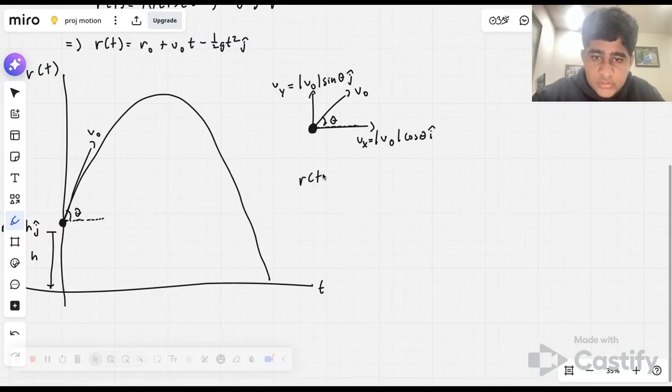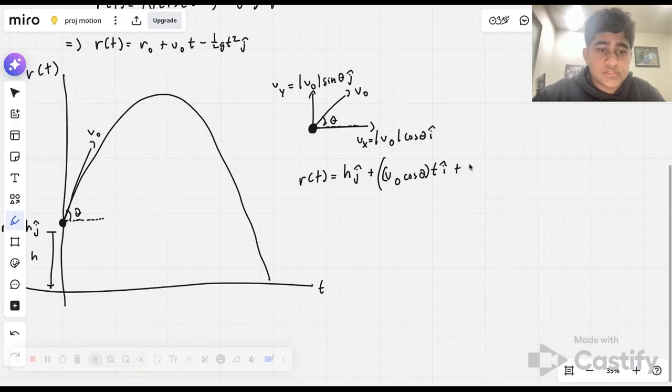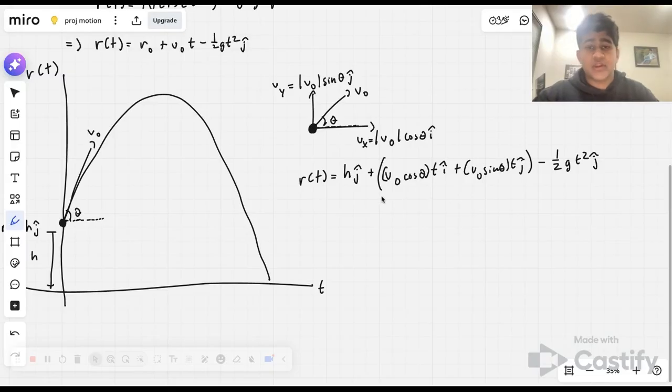So r of t is simply equal to r naught, which is going to be h with a j component, plus we can rewrite this as v naught cosine theta times t with the i component, plus v naught sine theta t with the j component, minus half g t squared j. And let's finally rewrite this by grouping all the i terms and all the j terms together so we can get a proper r vector.